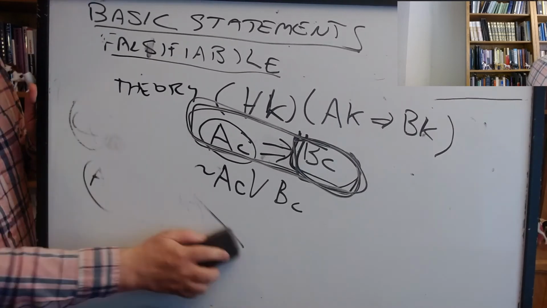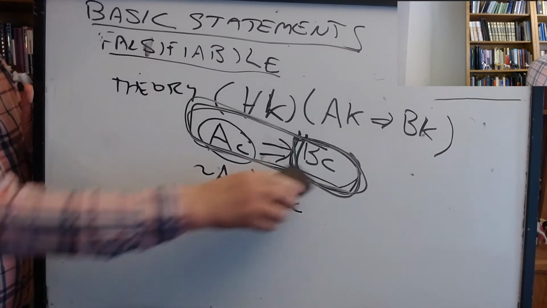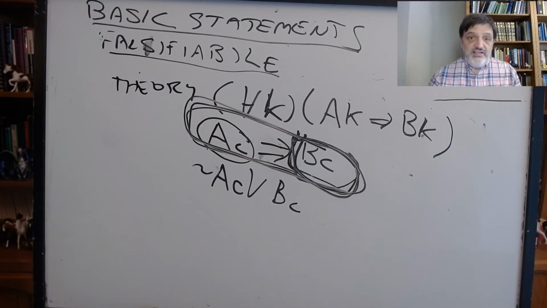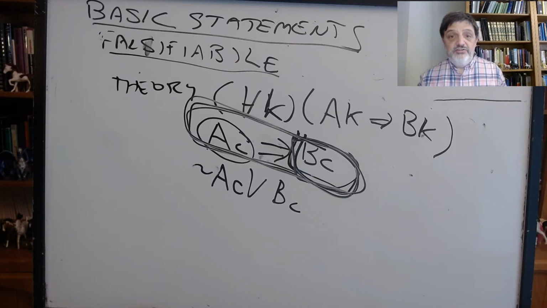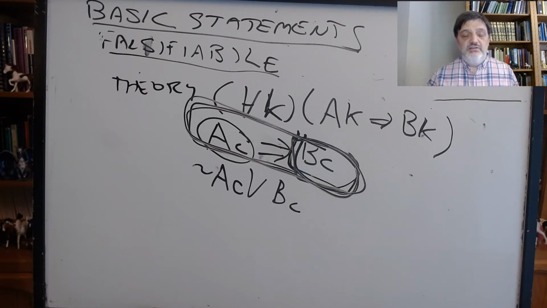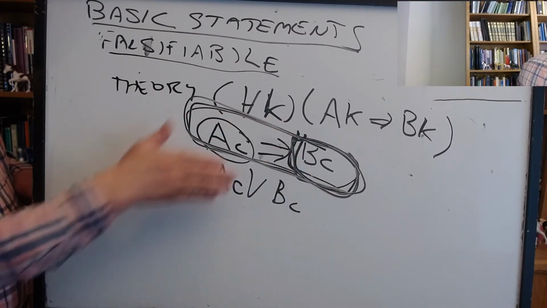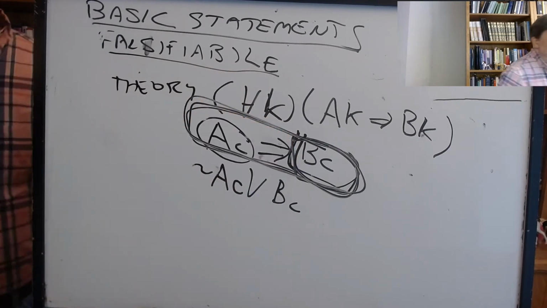Okay, so getting back to this. The basic statements are going to be like this. So an example of a basic statement is: the thing at C is white. The theory doesn't imply basic statements by itself. The theory implies things like this that are not basic statements, and doesn't imply things like this that are basic statements.